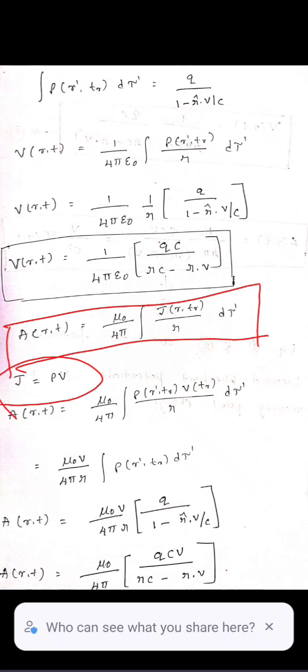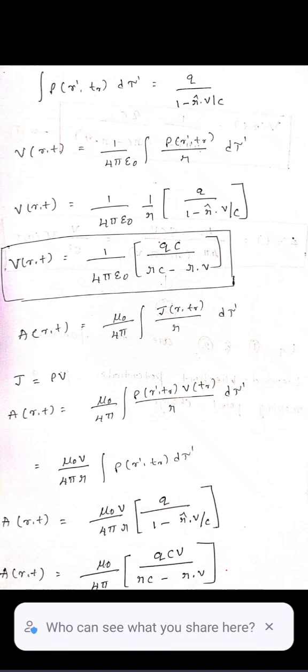We can write current density J = ρv, where ρ is the charge density and v is the speed of the charges. So replace J with ρv.